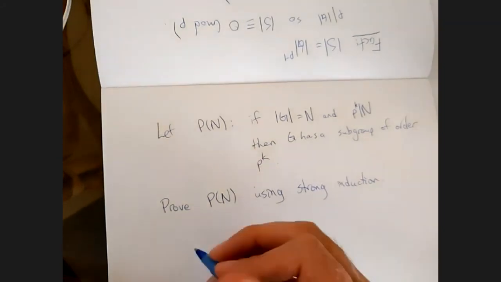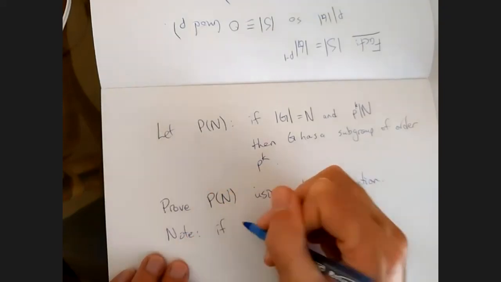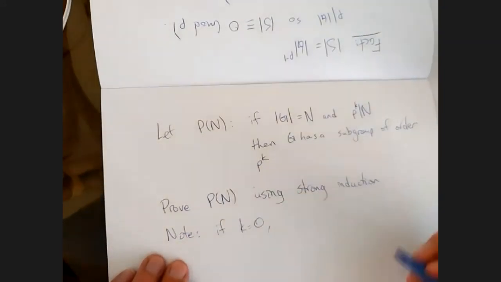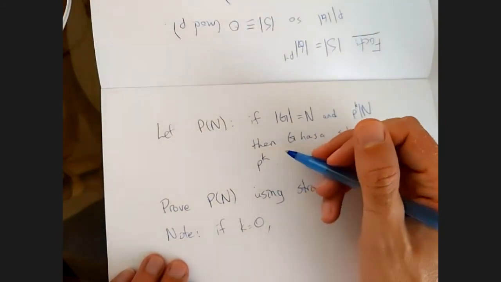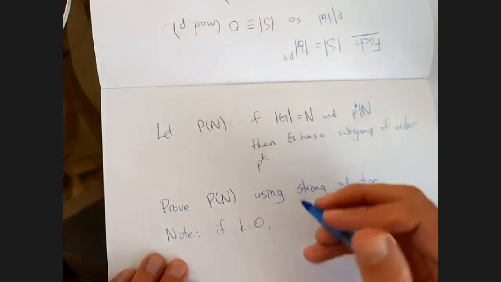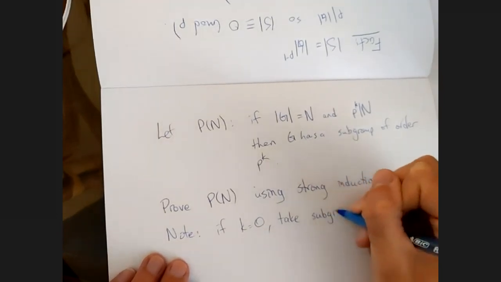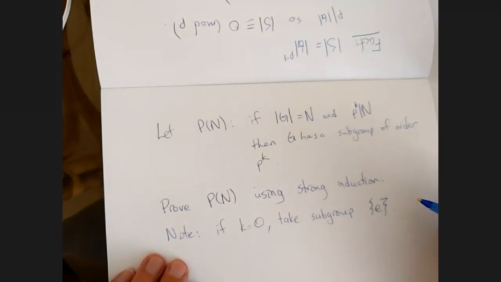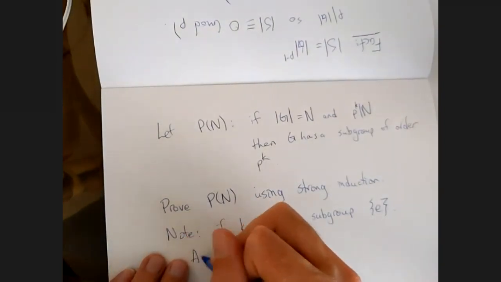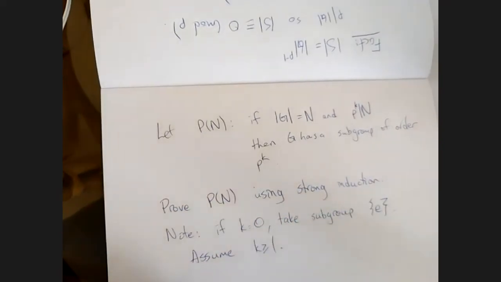First, note if k equals 0, then we're asking for a subgroup of order p to the 0, which is 1. We're asking for a subgroup of order 1, which is just the trivial subgroup. Okay, so from now on, just assume k is an integer bigger than or equal to 1.